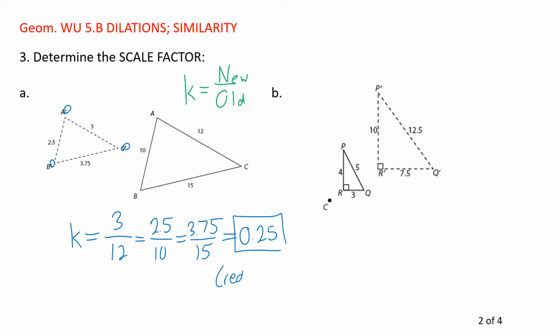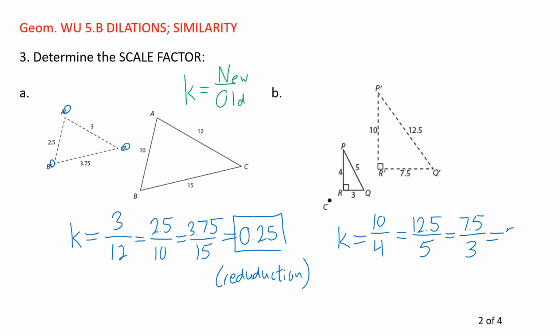And just for the record, that is a reduction, because K is less than 1. Over here, K is greater than 1. I'm going to take something from the new, put it over the corresponding from the old. It should be the same for all 3. And it is. All 3 of these are 2.5.